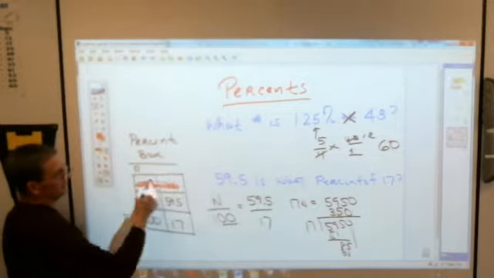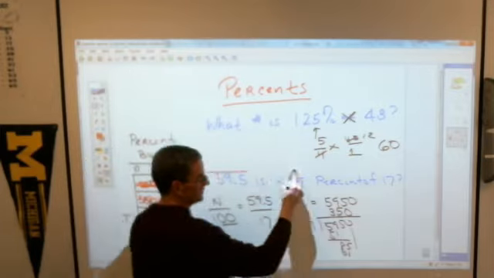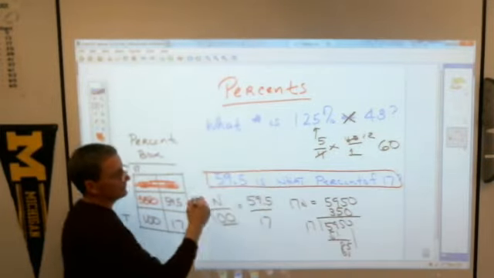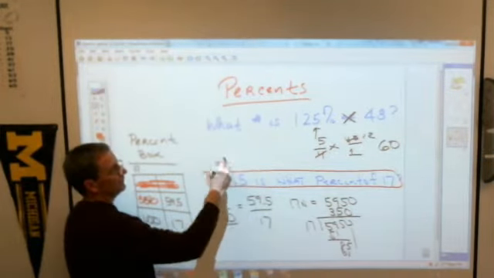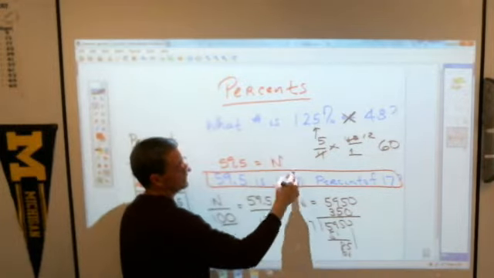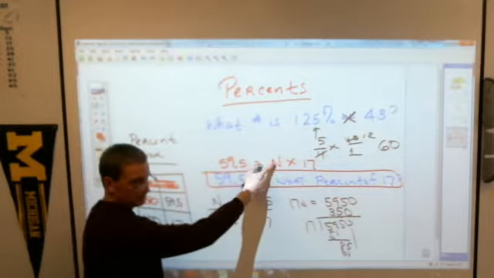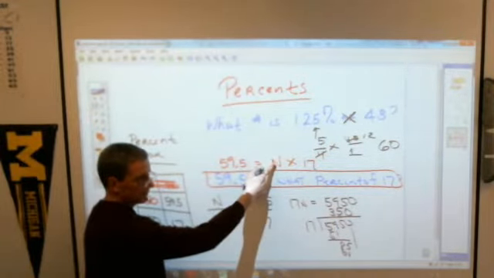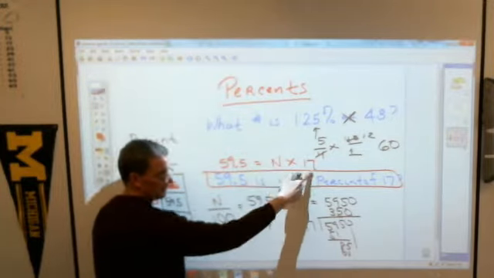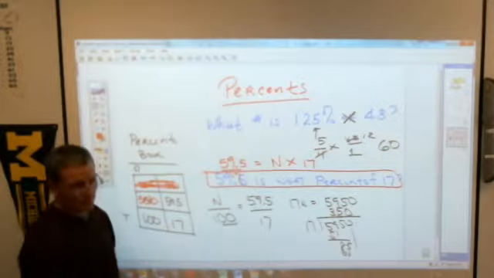Another way you could have thought about it is you could have just changed this into an equation if that floats your boat. 59.5 equals what percent times 17. It's the same thing. Solving for n, you would divide by 17, right? What am I going to get if I divide 59.5 by 17?